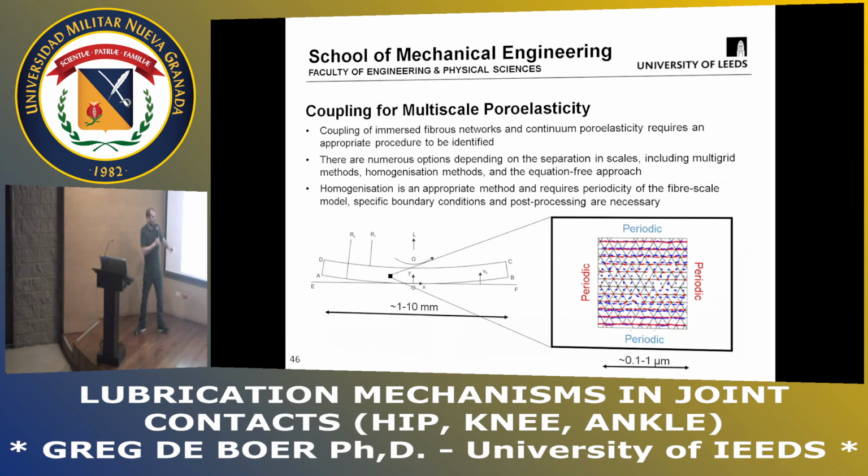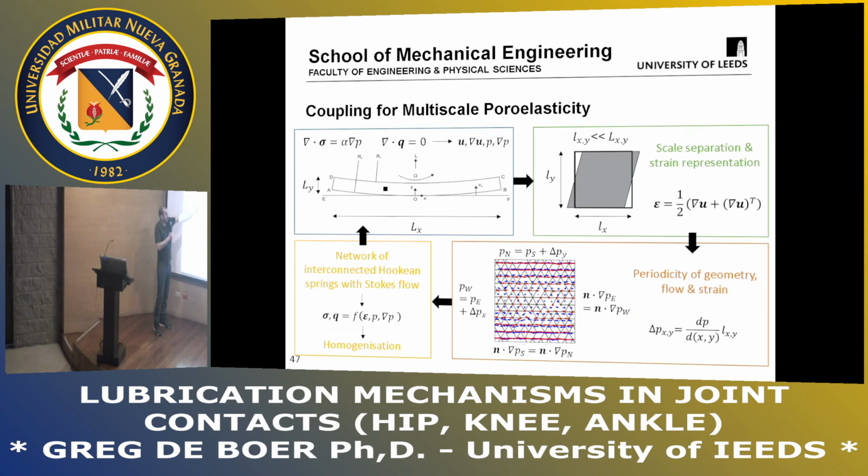Okay, and this is kind of a bit of a mock-up of what that looks like. So we solve some equations here in our joint model. We then have this separation of scales.